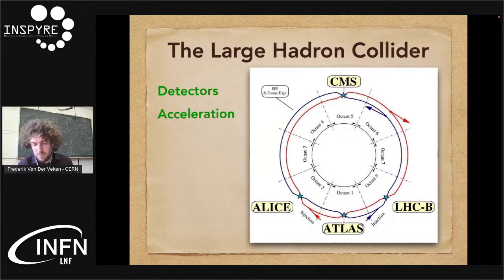But on the other hand, this thing is fast. I told you, particles move at almost the speed of light, so that is almost 300,000 kilometers per second. That means they make, per second, a bit more than 11,000 turns, 11,245 turns per second. So we get 11,000 times per second these 33 meters.